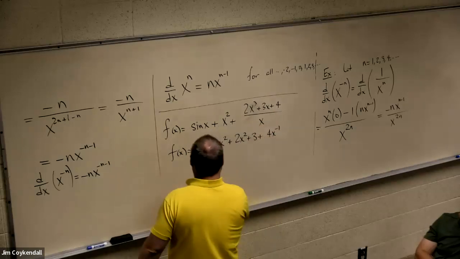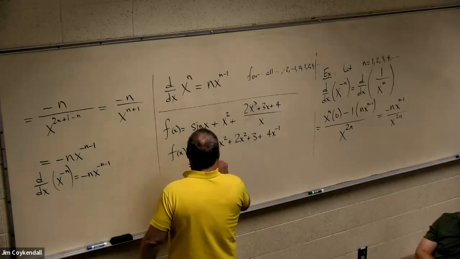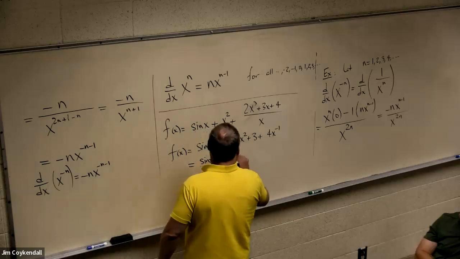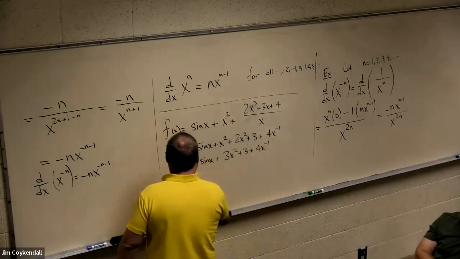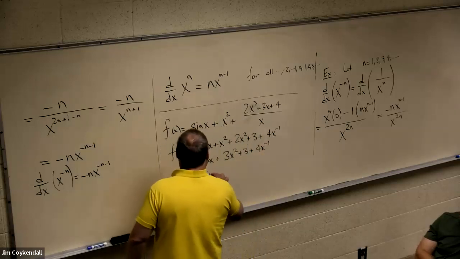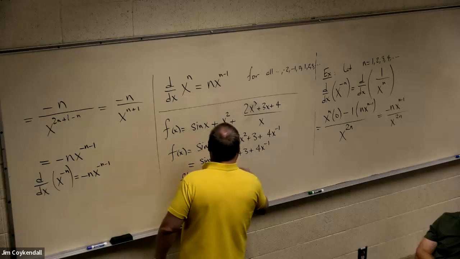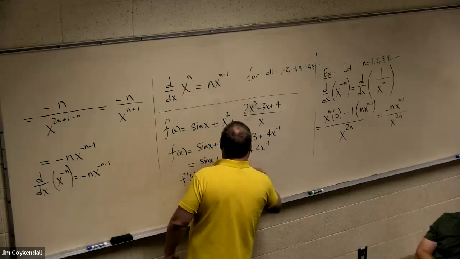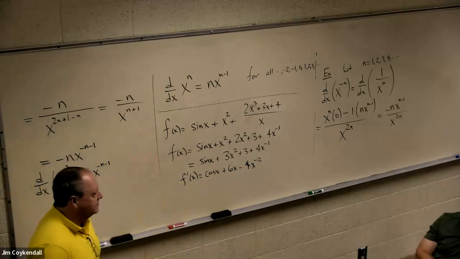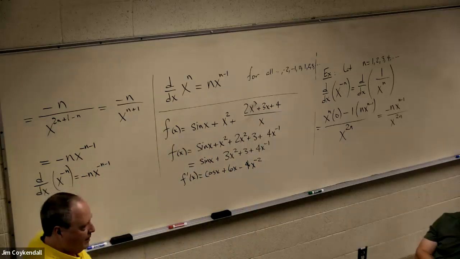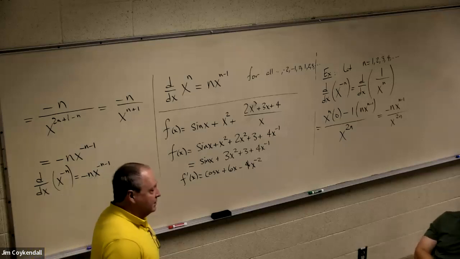And if you like, you can find this. I don't care so much. So f prime of x is cosine x, 6x minus 4x minus. Don't be afraid to use a little bit of algebra to make your life easier.